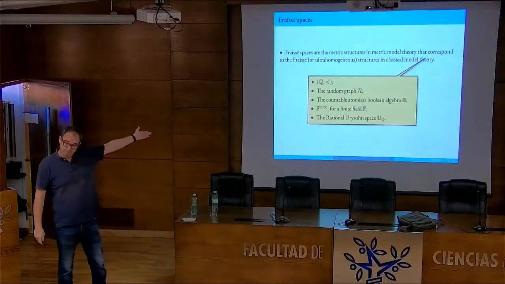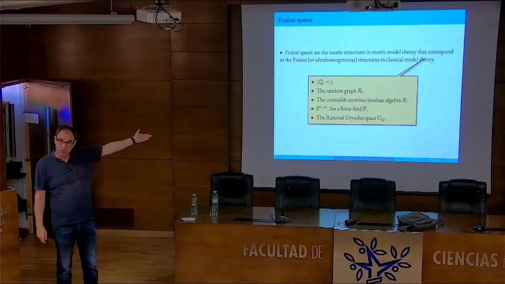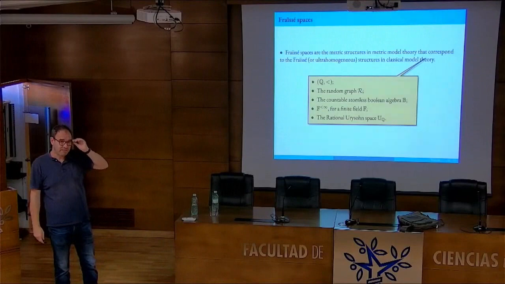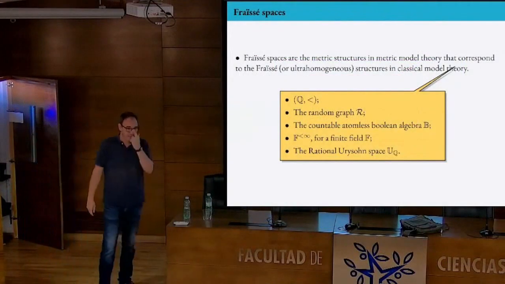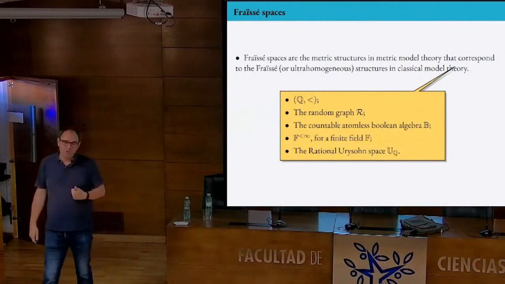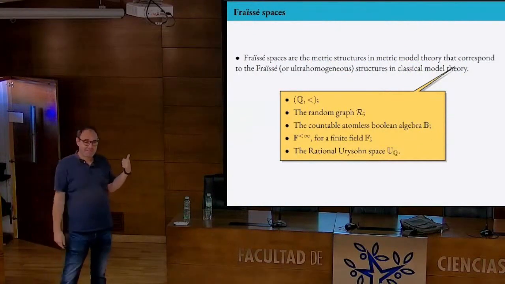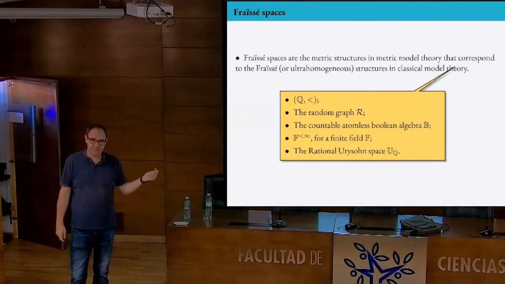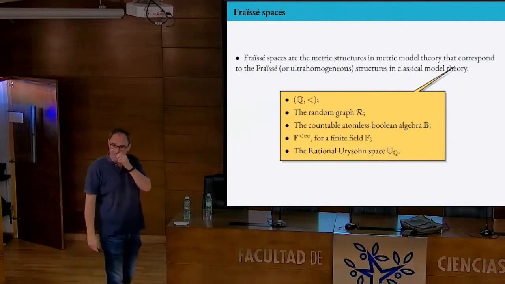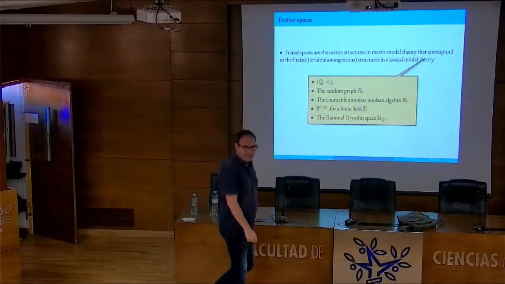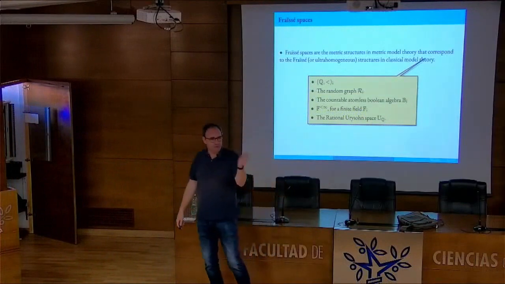Q has this property as an order, and this is an exercise we have for the students. And Q is unique. This is another exercise, and there is this back and forth argument. This is how you prove that this is the only countable dense-in-itself order without endpoints.